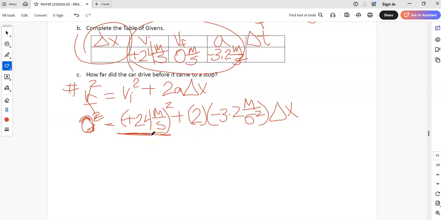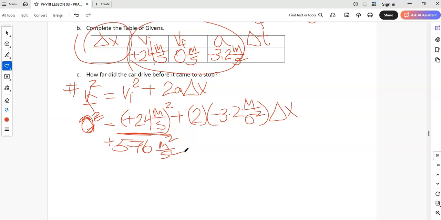Well, let's first figure out what 24 squared is. We plug that into a calculator. We get 576, technically positive 576, meters squared over second squared. And those of you worried about the units, don't worry about the units. If you do the math properly and you're calculating a displacement, it should be in meters, plus or minus meters.